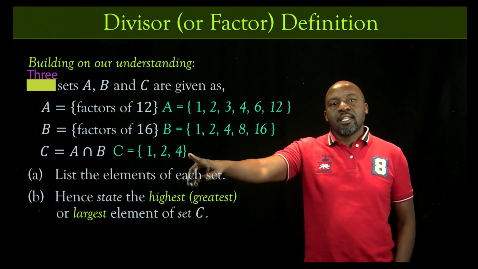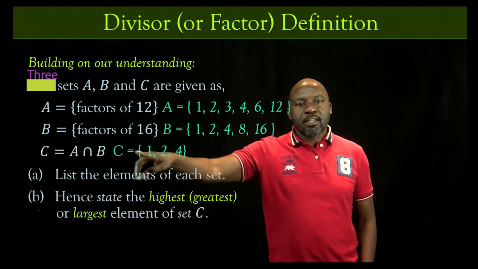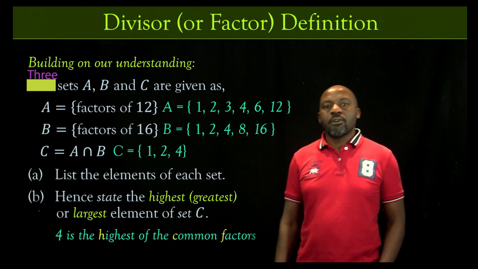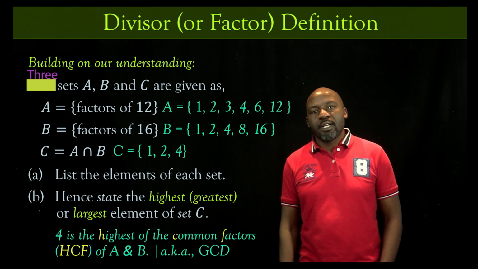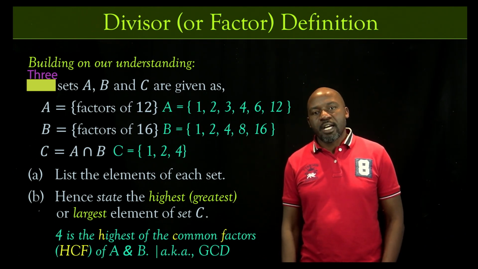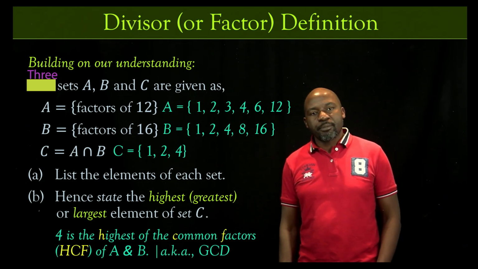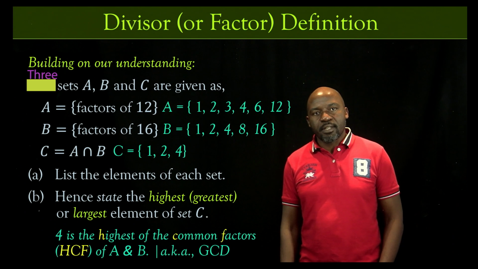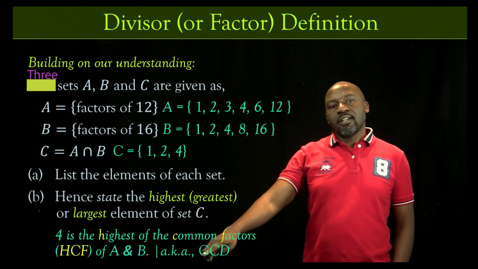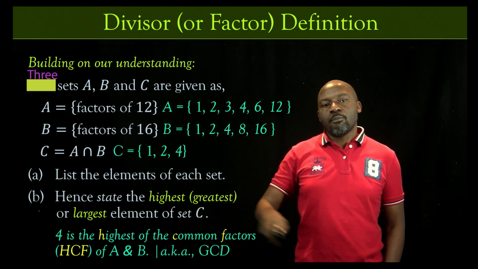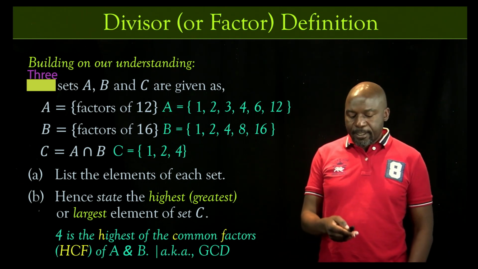So we can say that 4 is the highest of the common factors of A and B. We refer to this as the HCF, the highest common factor of 12 and 16, also sometimes called the greatest common divisor, because we said factors are also referred to as divisors, so we could refer to this as the greatest common divisor of 12 and 16. I hope this is making sense.